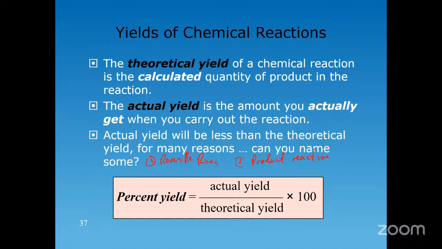And then there's a third reason, and that is the fact that you can have what we call competing reactions. In other words, you might be thinking of one reaction taking place starting with the reactants, but then you have other reactions taking place starting with the same reactants. And this is particularly true for those of you who have to do organic chemistry. You're going to see where you can have two reactants reacting to form two potential products, right?